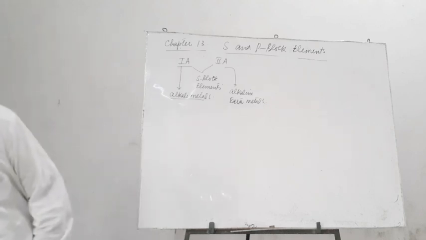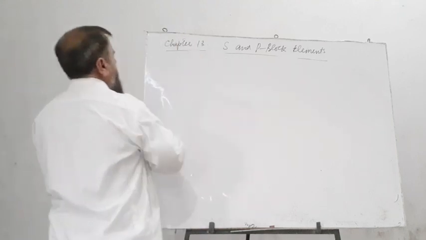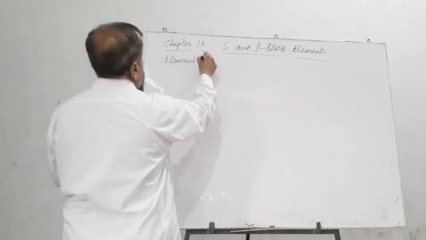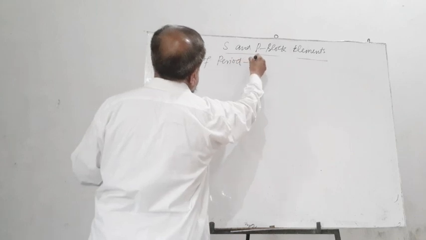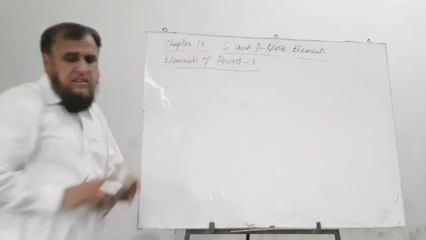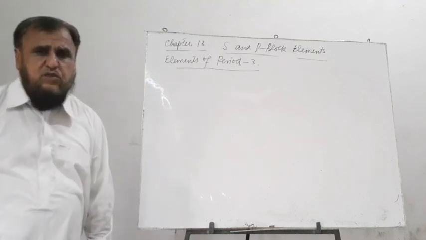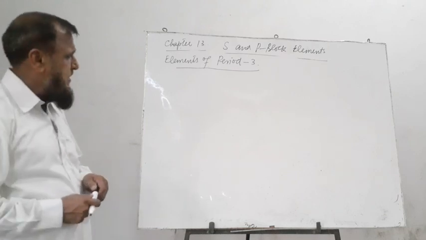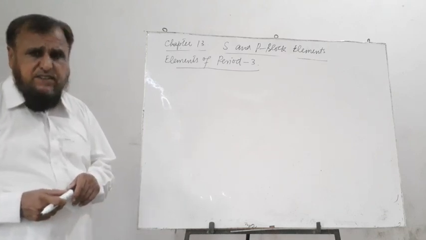In your book, elements of period 3 have been discussed. We have already discussed that horizontal rows of elements in the periodic table are known as periods. There are 7 periods.